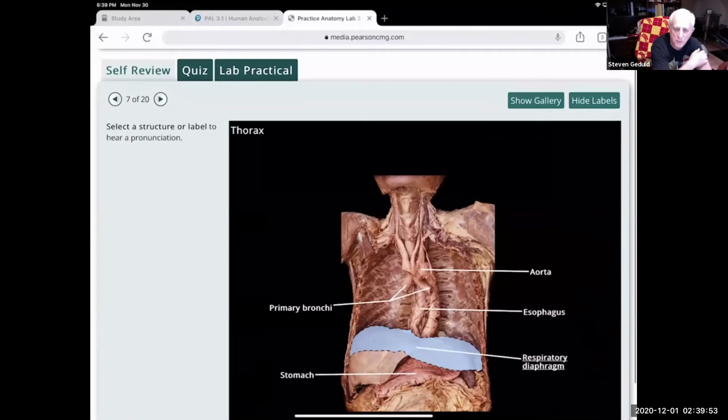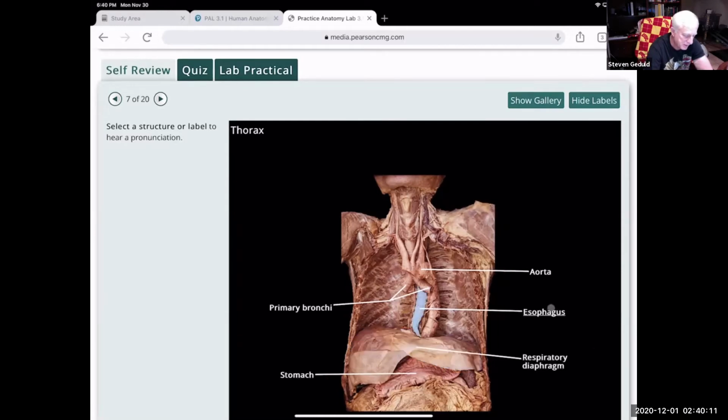Okay, you have your primary bronchi, which are the openings from the trachea. Those are the two tubes that branch off the trachea, the right and the left primary bronchi. Okay, then you have your esophagus behind the trachea. The trachea has been removed, so now you can see the esophagus. Okay, you have the diaphragm, which is that huge mushroom shape that allows for breathing, muscle contraction for breathing. Then you see the stomach just below the liver here, and just below the diaphragm.